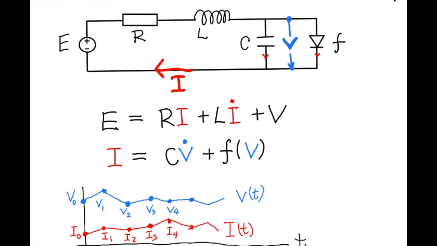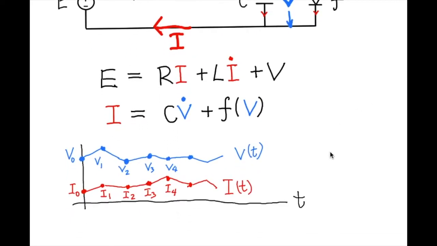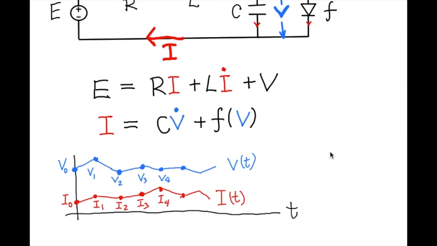What I will do next is graph the voltage V and I as functions of t using the Euler method. With this differential equation, we know the relationship between the rate of change and the current value, so we can start with the initial value and plot the subsequent points.